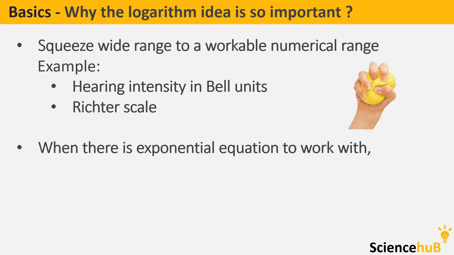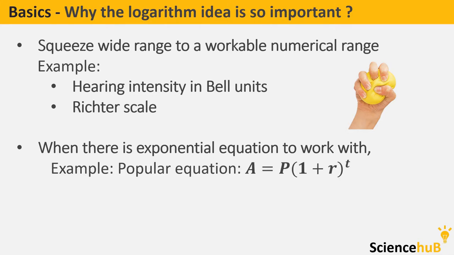The other point is when there is an equation with exponential terms and we need to work with that, it is easy to use a logarithmic scale. For example, in this popular equation for interest in finance, the exponential term t, it is easy to work with in logarithmic scale.